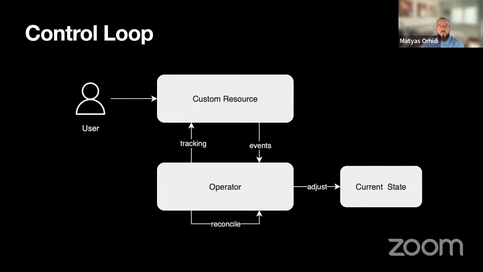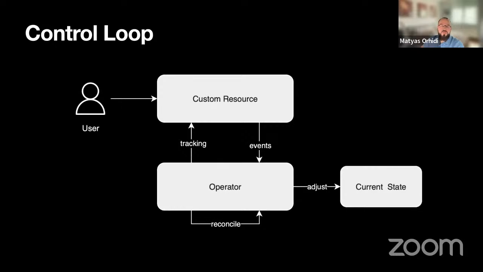The Flink operator follows the Kubernetes principles, notably the control loop. Custom resources can be submitted and changed by the user on a Kubernetes cluster anytime. The operator continuously tracks change events related to the Flink deployment custom resource.